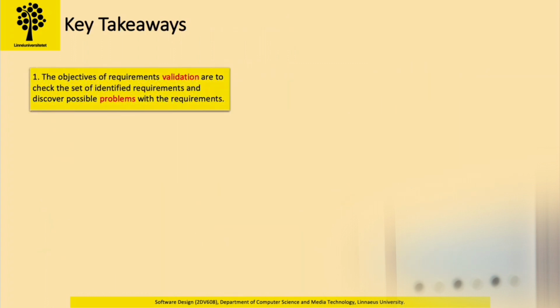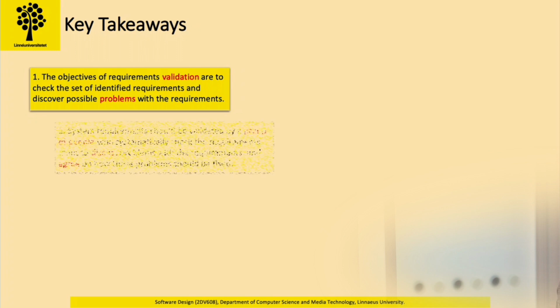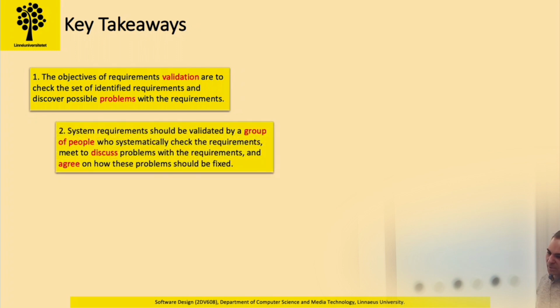So what are the key takeaways from today's lecture? The objective of requirements validation is obviously to find problems, inconsistencies and incompletenesses in the requirements. Then system requirements should also be validated by a group of people from diverse knowledge, skills, and background.